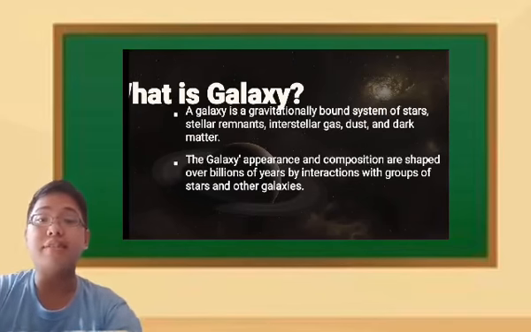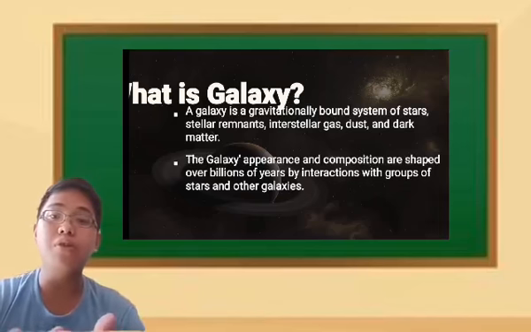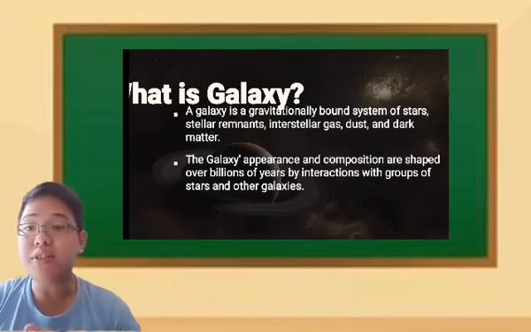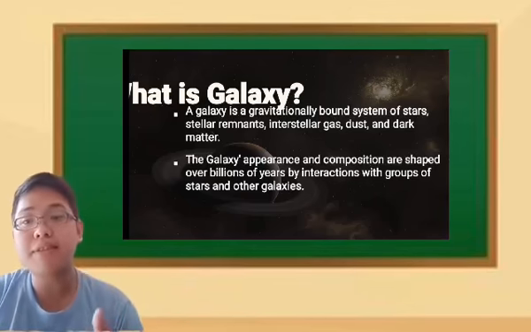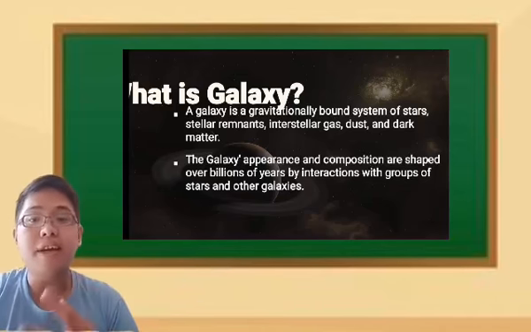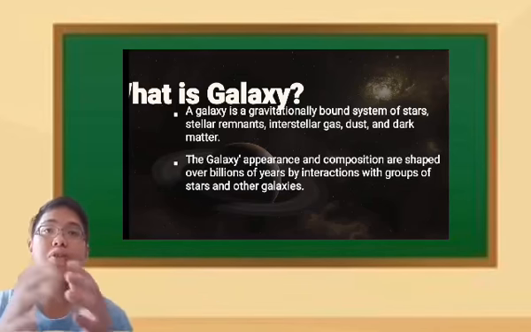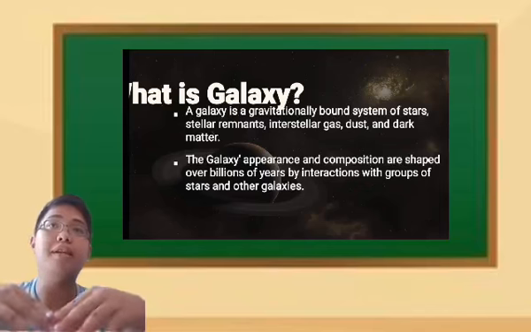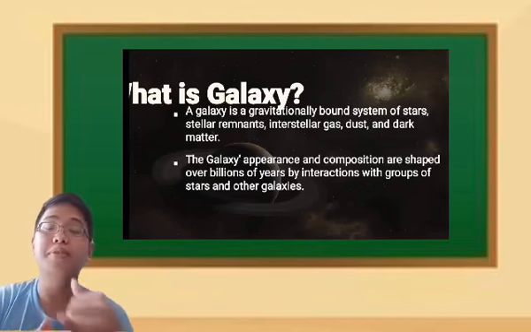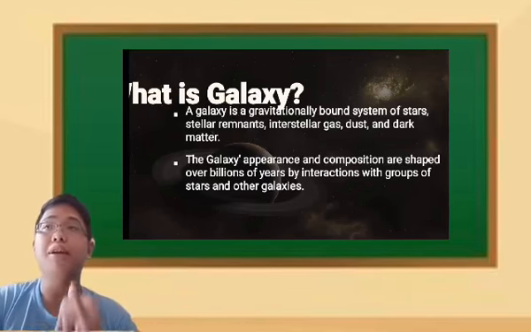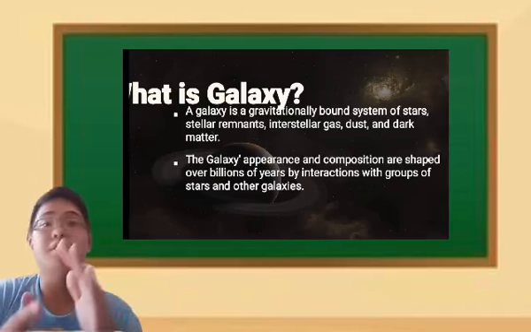So what is a galaxy? A galaxy is a gravitationally bound system of stars, stellar remnants, stellar gas, dust, and dark matter. So in a galaxy there are groups of stars and, as I mentioned earlier, gas, dust, and also dark matter.